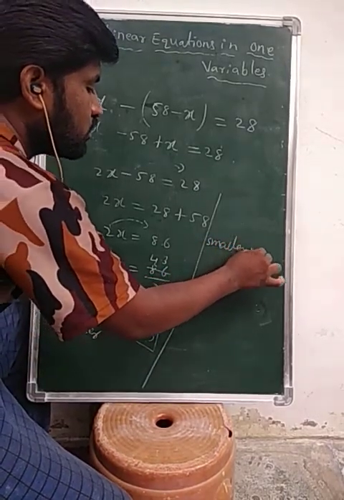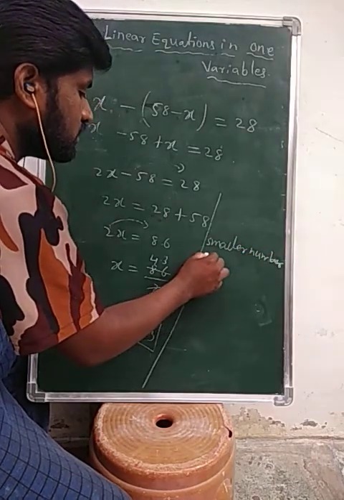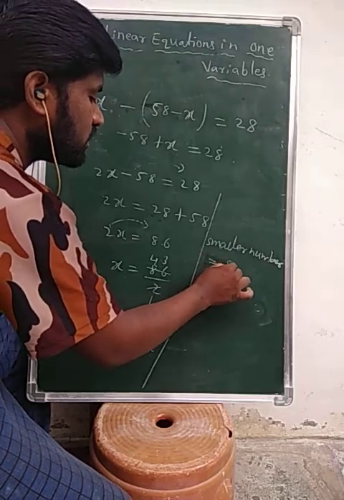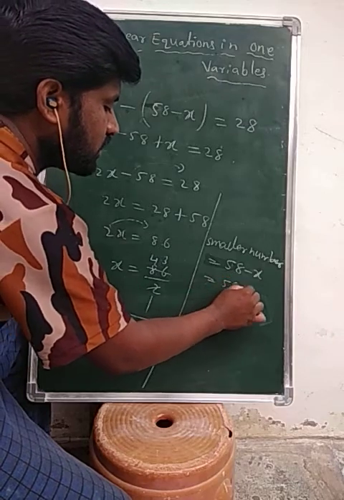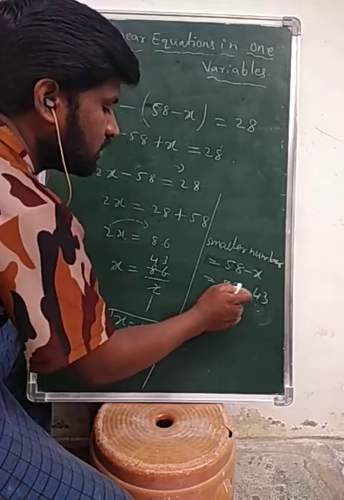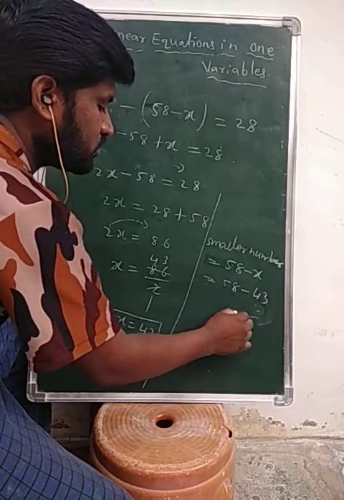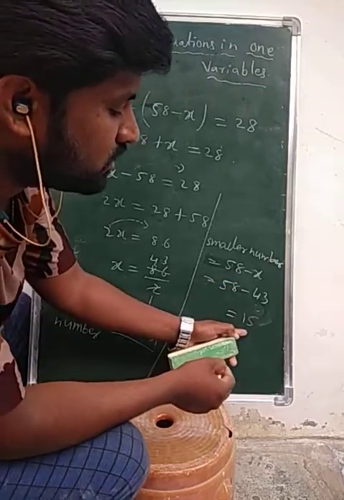The smaller number means 58 minus x, that is 58 minus 43. 8 minus 3 is 5, 5 minus 4 is 1. So the smaller number is 15.